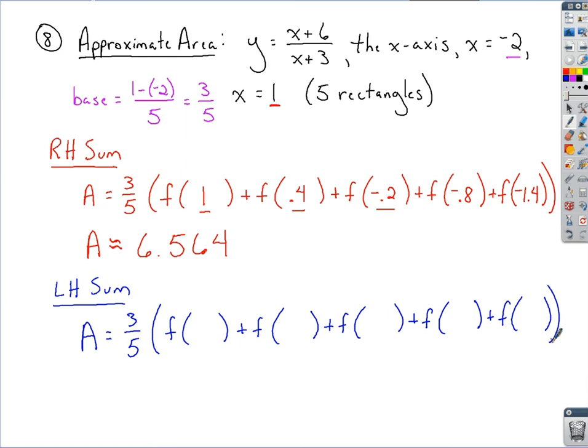Since we're using a left-hand sum approach, we start at the left-hand side of our interval. That'd be at -2. We're going to plug in -2 to start, and then add our base length of 3/5, or 0.6.